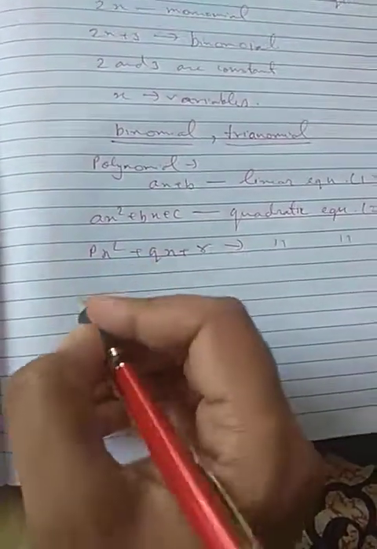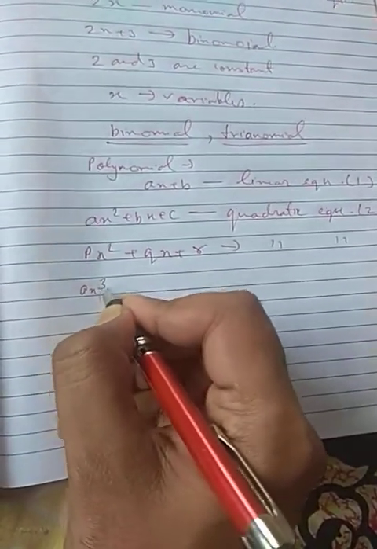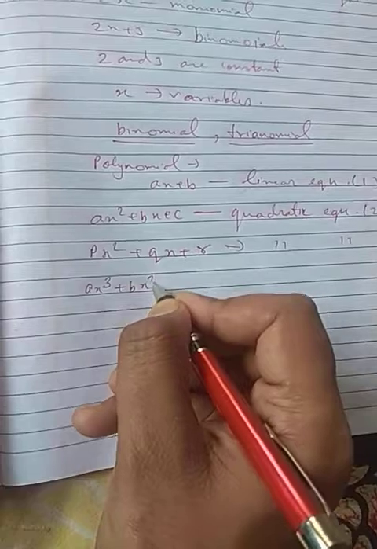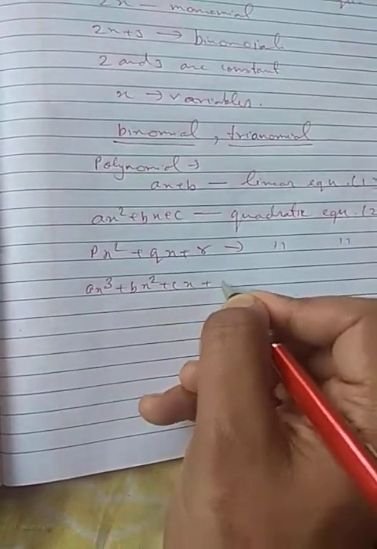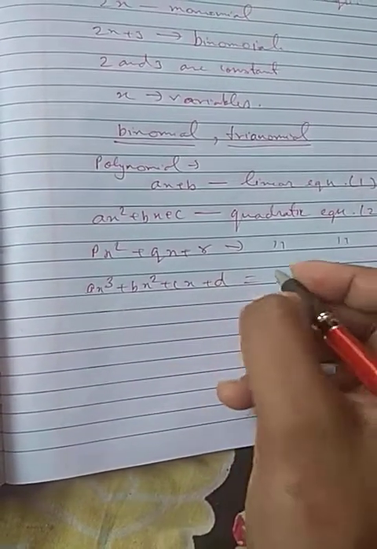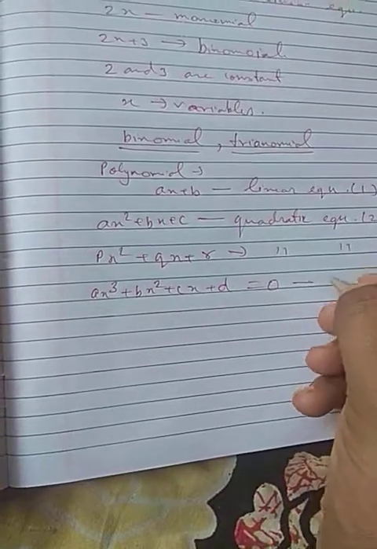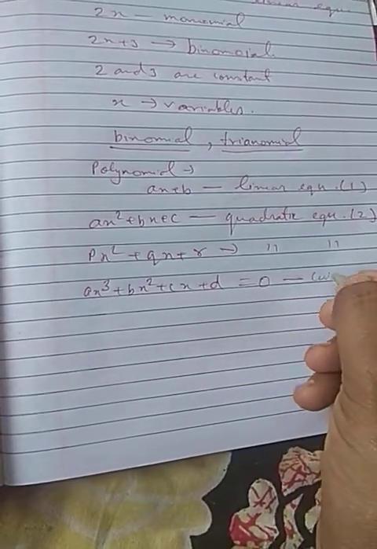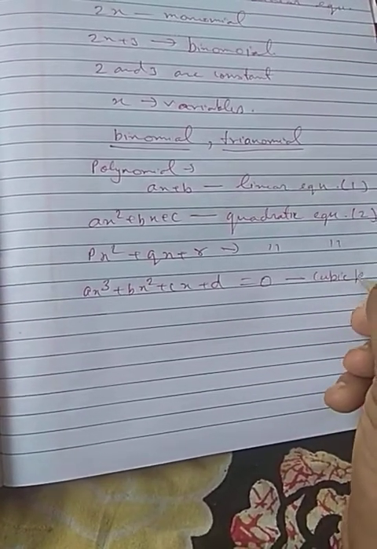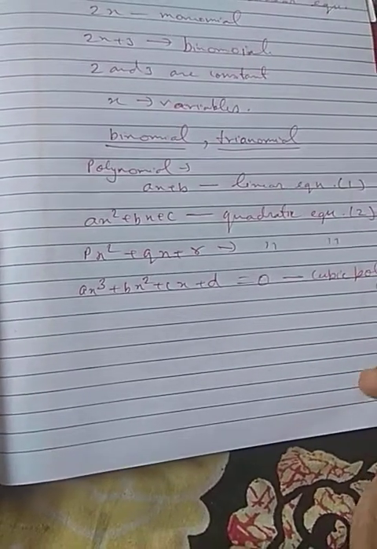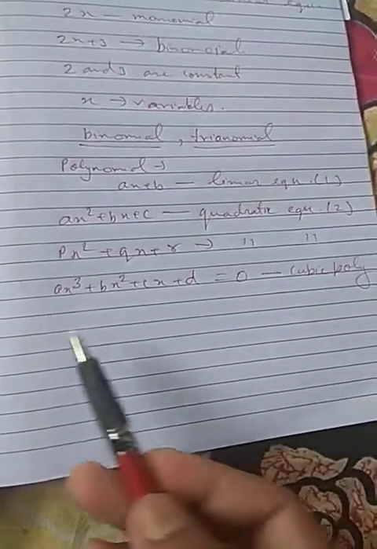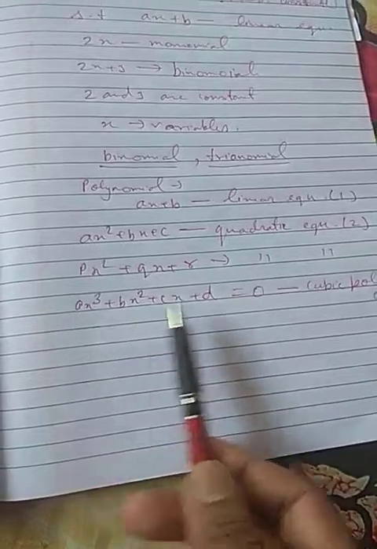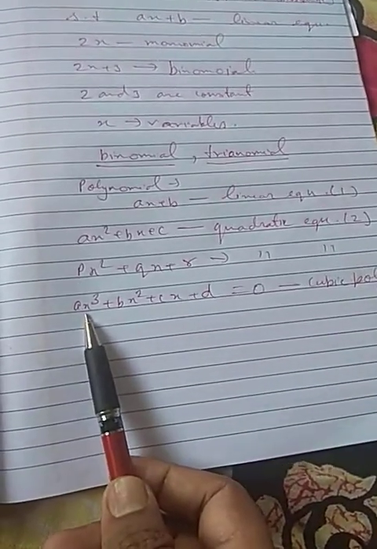Similarly, ax cube plus bx square plus cx plus d equal to 0 is called a cubic polynomial or cubic equation because the variable has degree 3.